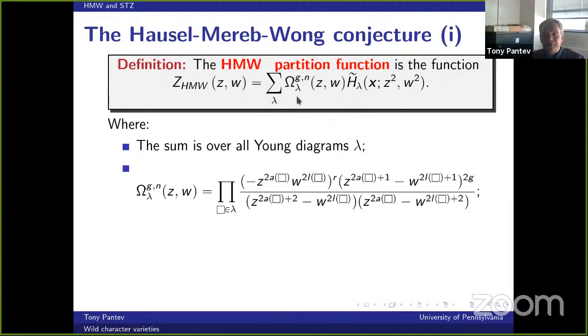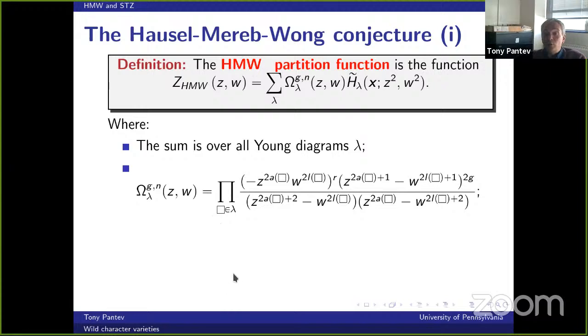They're partitions of r. So you have a sum over irreducible representations of the general linear group of some Laurent polynomials in two variables. The first one, omega g n lambda z w, depends on g and on the partition lambda, on the representation. And this is the formula for it.